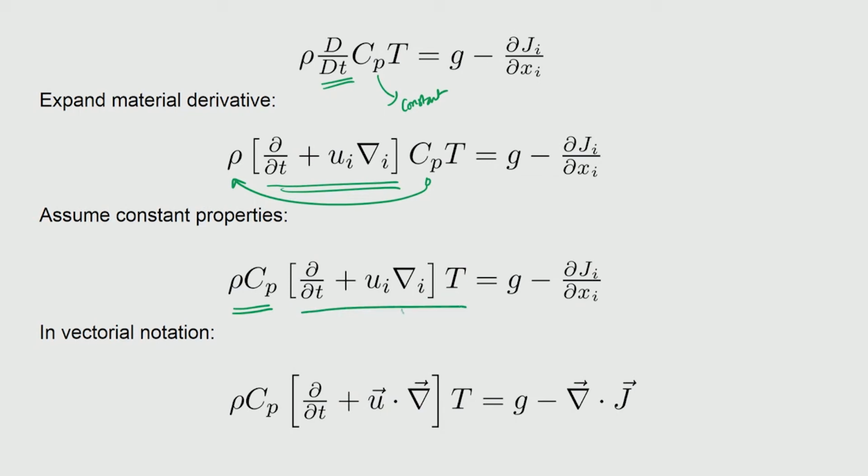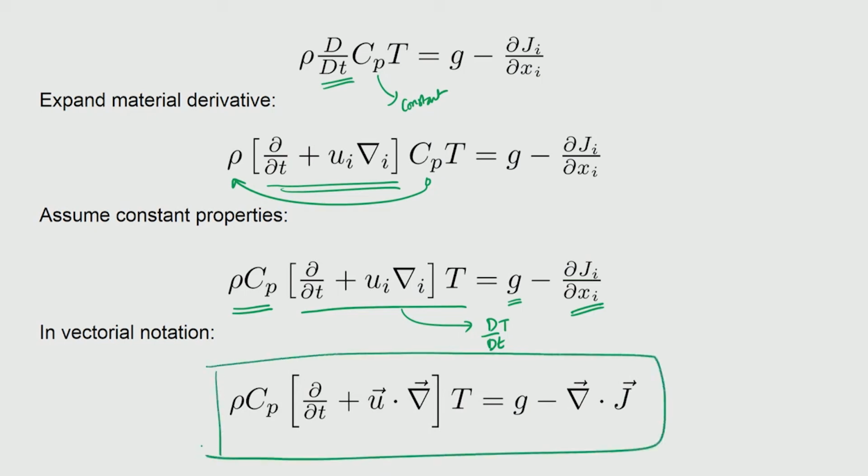This entire thing is the material derivative of the temperature, and that is equal to G, the volumetric rate of heat generation, and the divergence of the flux. We write this expression in vectorial form: the material derivative of temperature with the property is equal to the rate of heat generation and the total influx, which is given by the divergence of the flux.